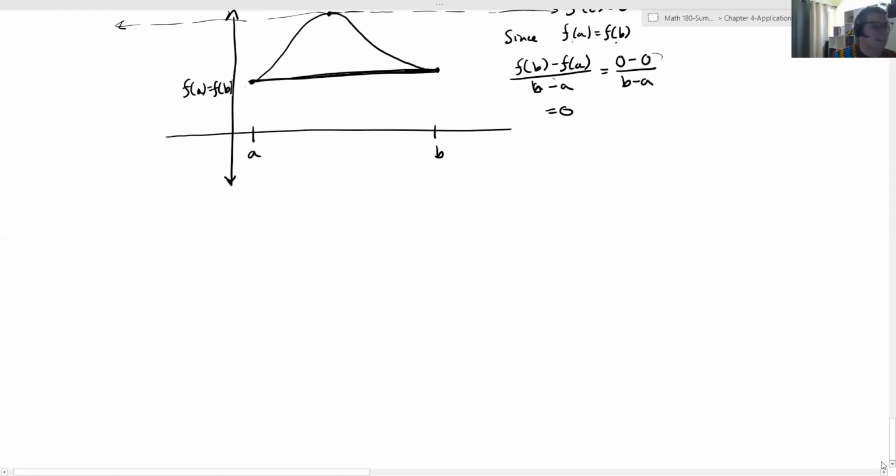Okay, so let's say, for example, I have f of x. Here's an example.